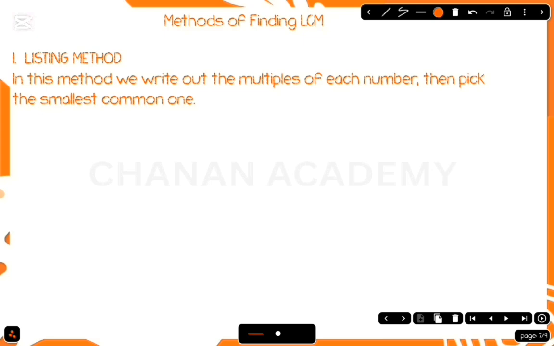The first method we'll talk about is the listing method. In this method, we write out the multiples of each number, then pick the smallest common one. So let's take some example.